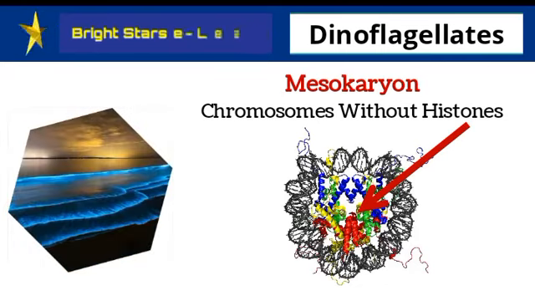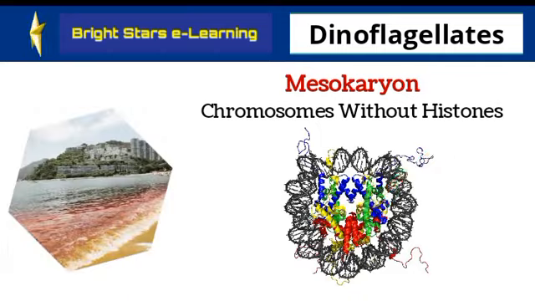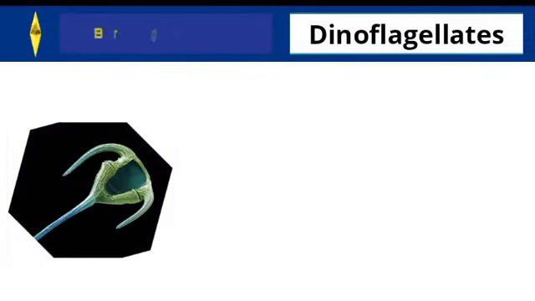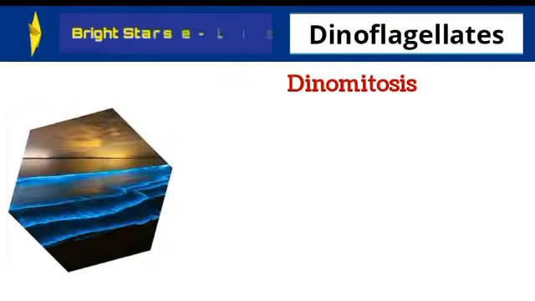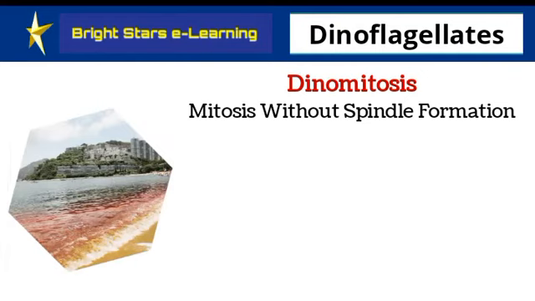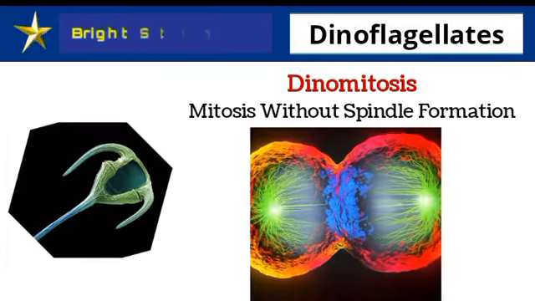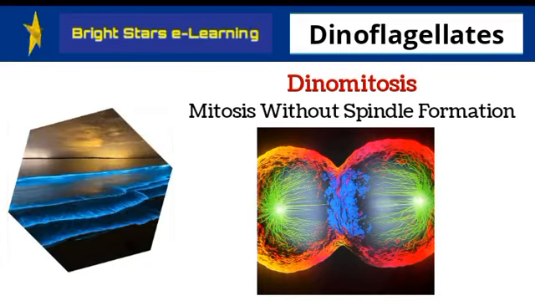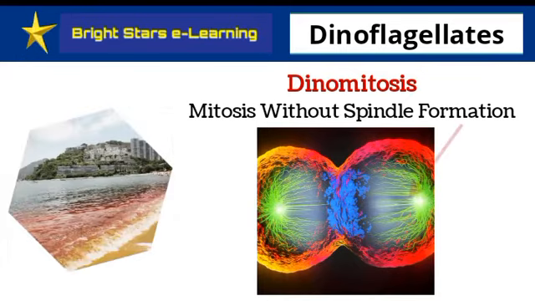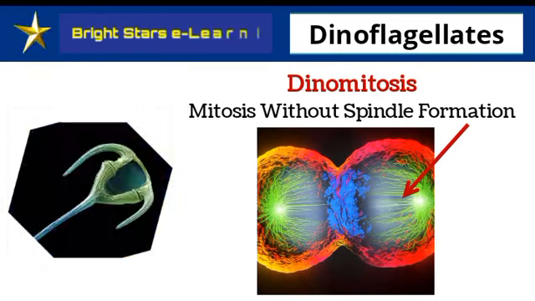That histone is not present in these mesokaryotic dinoflagellates. Dinomitosis is a special kind of mitosis without spindle formation. The spindle fibers are absent in the case of dinoflagellates. That's why we call this mitosis dinomitosis.